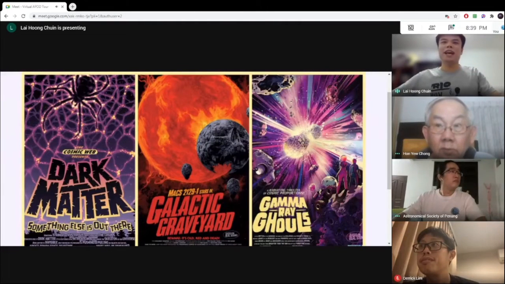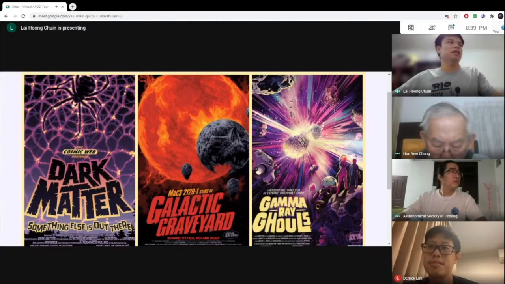These big stars die, they undergo supernova, and either they become a black hole or become a neutron star. So neutron stars and pulsars give out a lot of gamma rays. So gamma rays are also quite related to the theme.